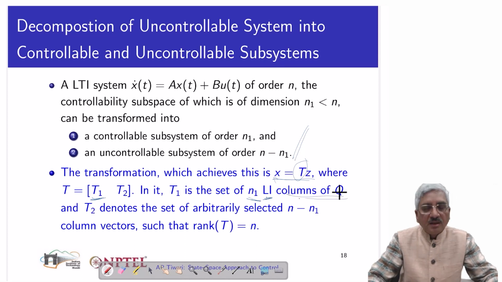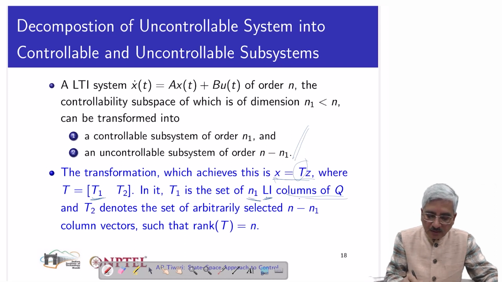We saw that an uncontrollable system involves a Q matrix which is not of full rank. So it has some linearly independent columns, not n, less than n, which is n1. So these n1 independent columns are assembled as T1.